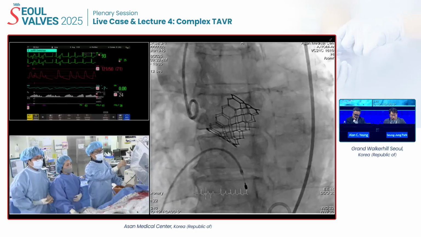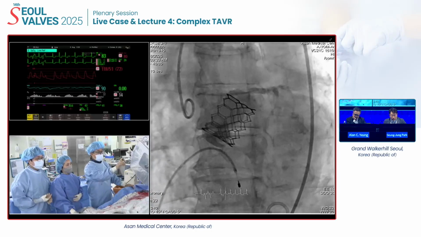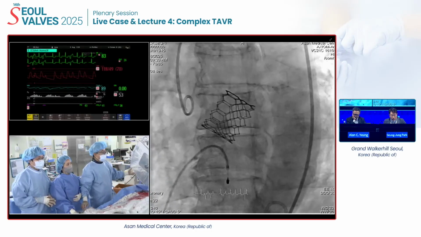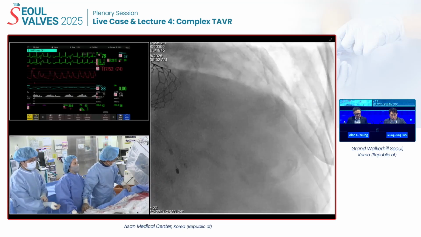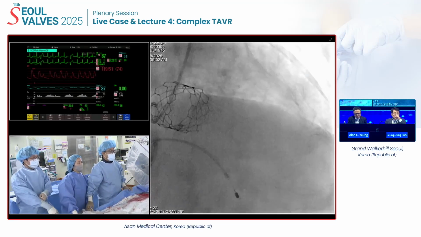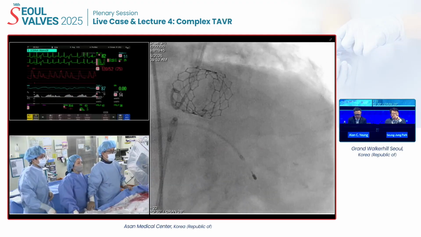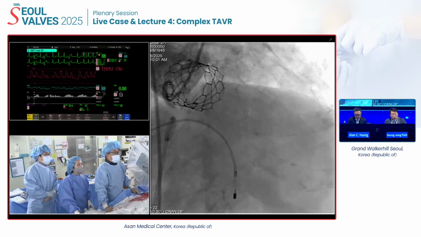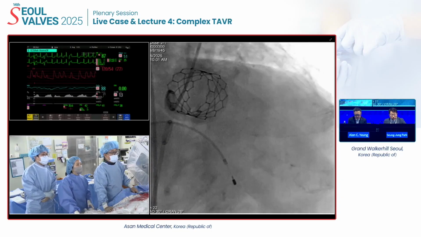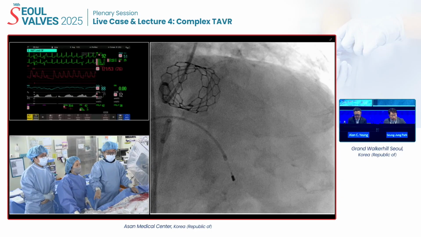The valve positioning is good, like 82%. Okay, pass the view. Good. Nearly 0% AR. Could you show the previous AR?